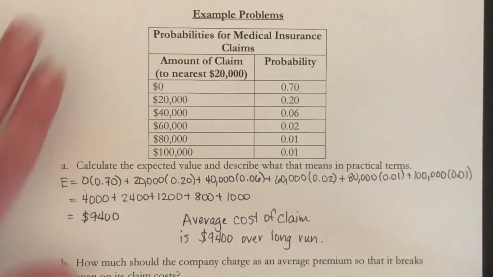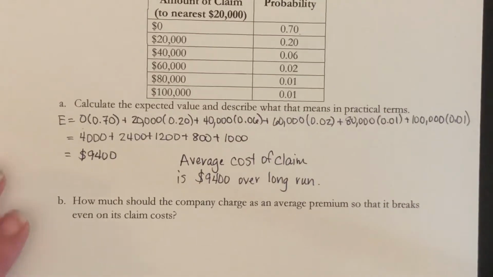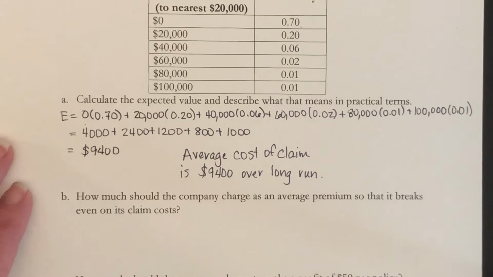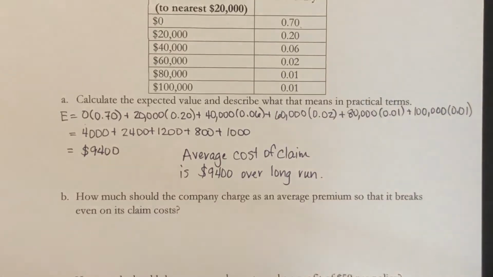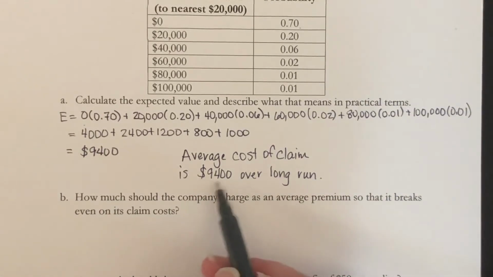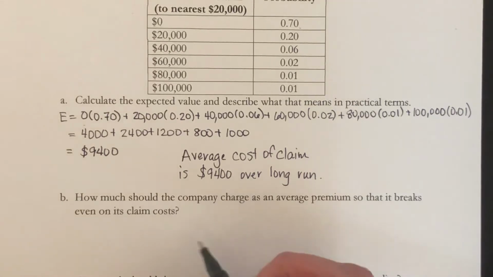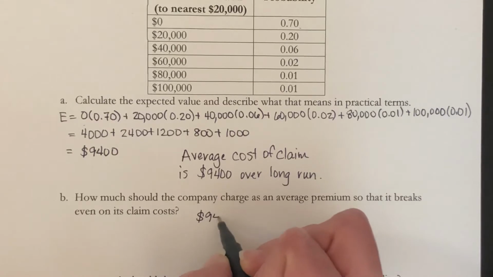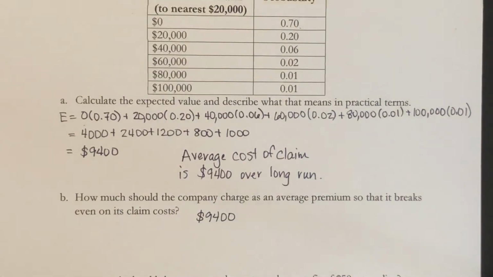So, given this information, how much should the company charge as an average premium so that it breaks even on its claim costs? Well, if the average claim is $9,400, then if they charge each premium as $9,400, then they're bringing in as much as they expect to pay out, and so they should break even.